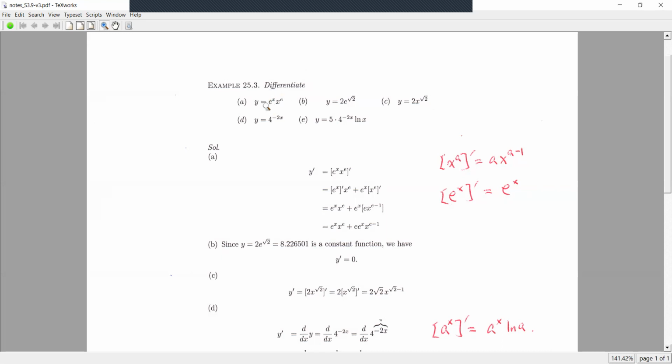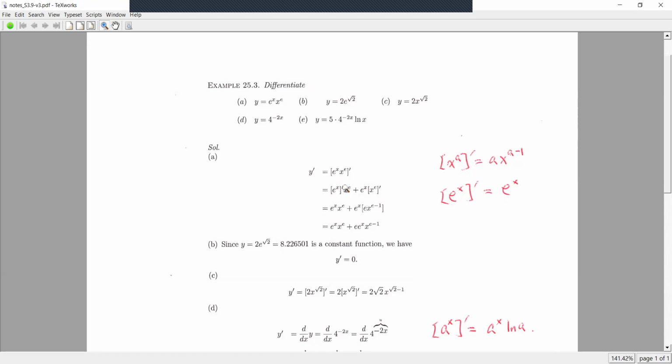Because the function is a product, I apply the product formula to compute the derivative. By the product formula, the derivative is equal to the derivative of the first function, the first function is e to the x, times the second function, the second function is x to the e, plus the first function times the derivative of the second function.